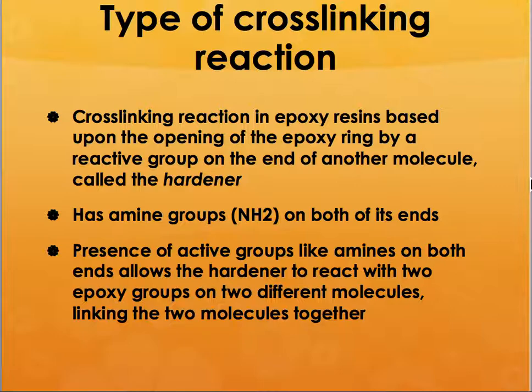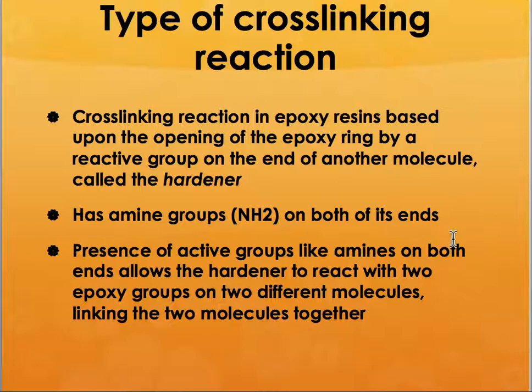And what happens is that the hardener will react with two epoxy groups on two different molecules, and they will just link together like hand holding. So they will hand hold very strongly, so it will be very difficult for you to pull them apart.